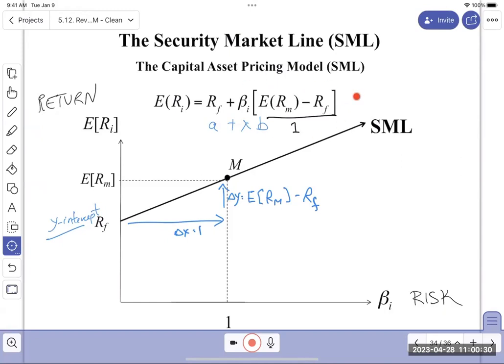That's the slope. All right, so what does this do for us?